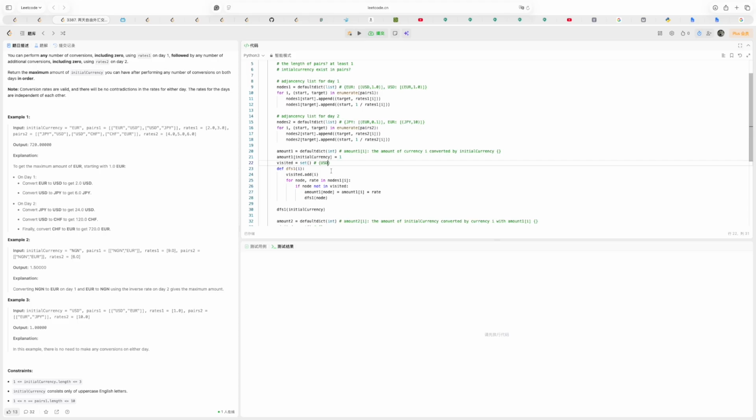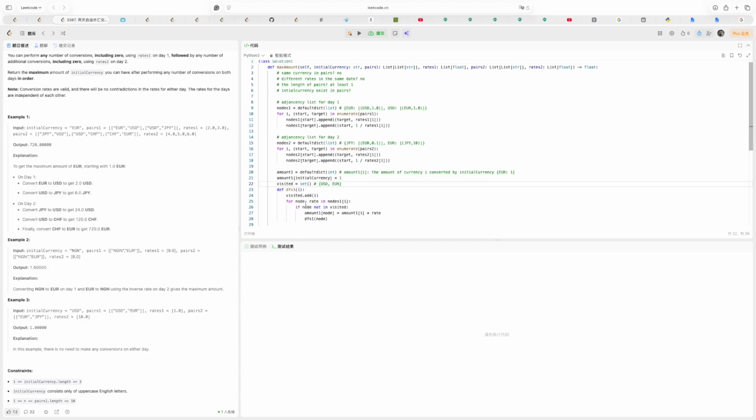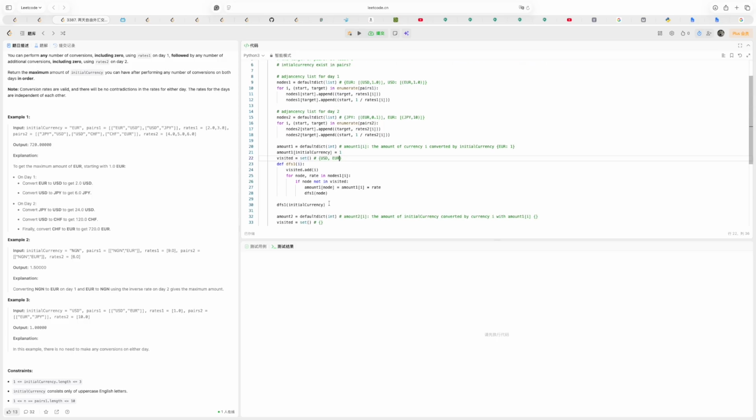Euros is not in the visited set, so we have euros with amount USD 1, and its rate is 1, so we'll have euros 1. Then we will add euros to the visited set. Now for euros we have USD, but USD is already in the visited set, so we finish the first day DFS. We have euros with 1.